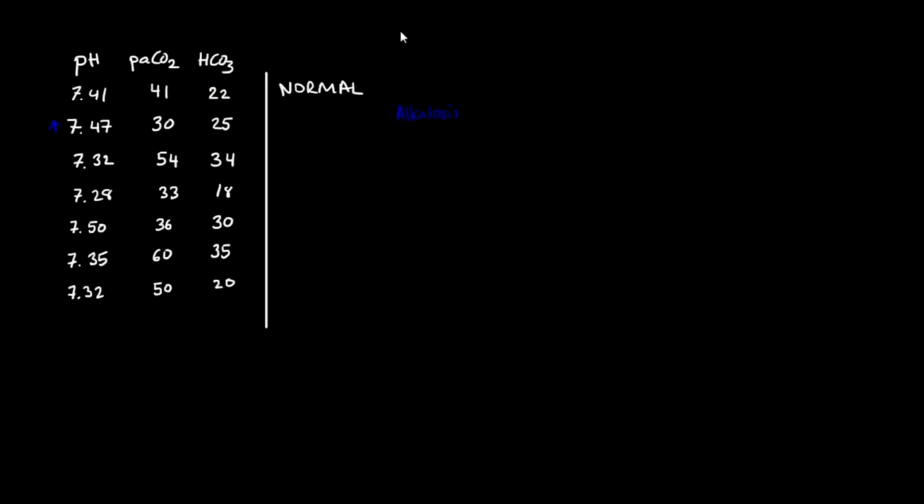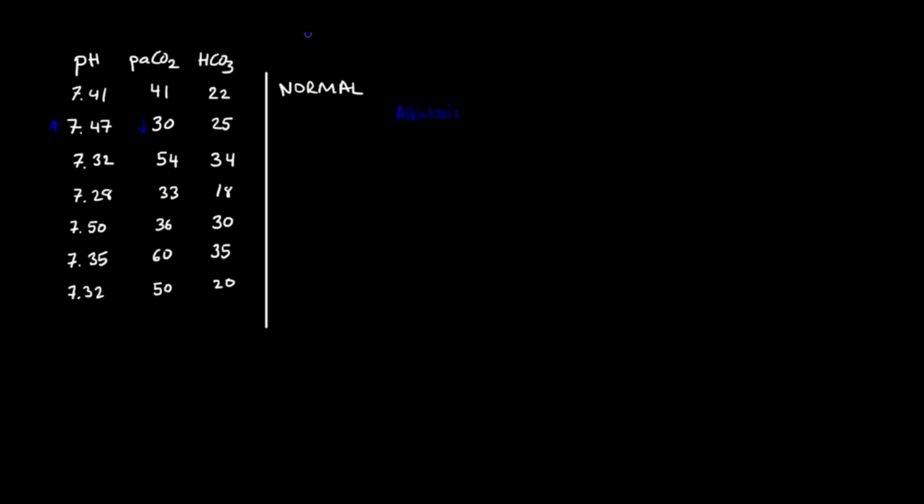So in order to determine if we are in a state of respiratory alkalosis or metabolic alkalosis, we have to use ROME. So let's look at the level of CO2. It's 30. It's lower than normal. CO2 is an acid, so less CO2, it's less acidotic and more alkalotic.